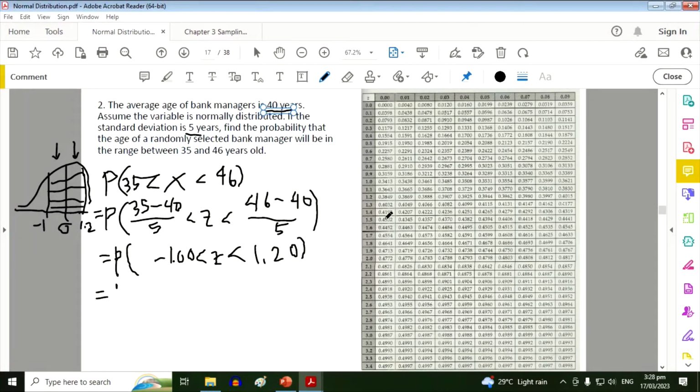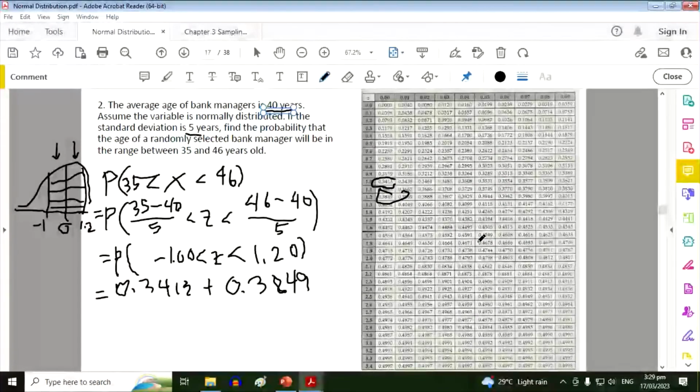The area for 1.0 is 0.3413 plus the area of 1.2, which is 0.3849. Use your calculator to add these two numbers.